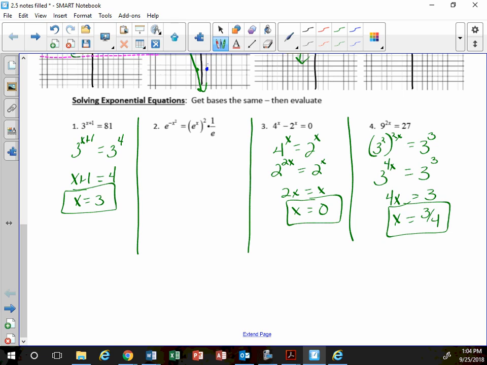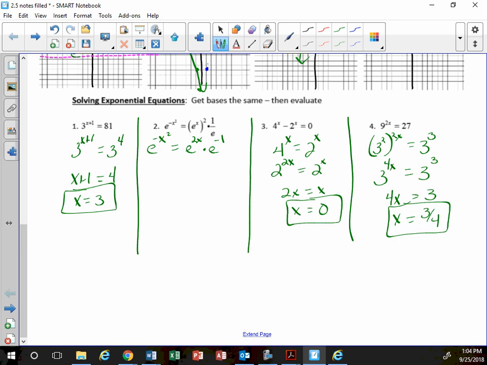Okay, now the exciting one. Maybe exciting isn't the right word. But so power to a power, e to the x squared. What is that? Yeah, so it's just e to the 2x. It's not e to the x squared, okay? And then 1 over e, isn't that just e to the -1?